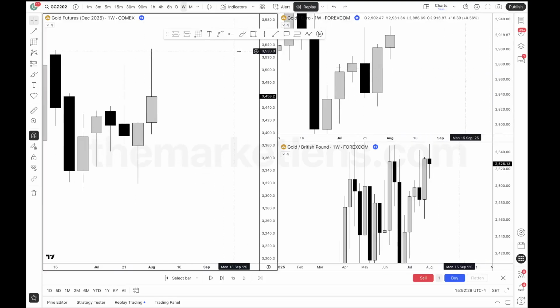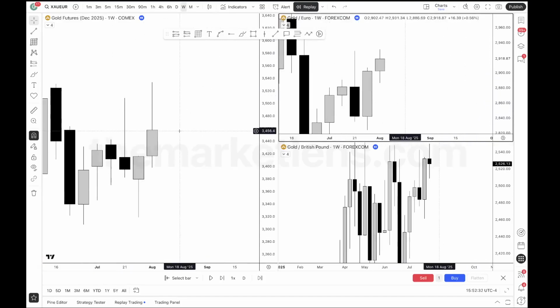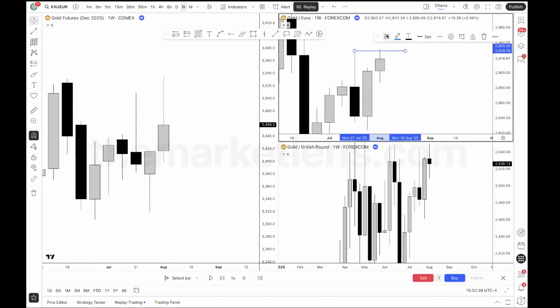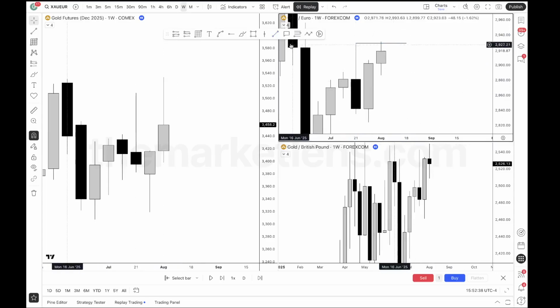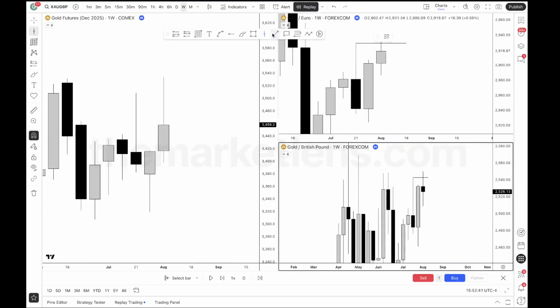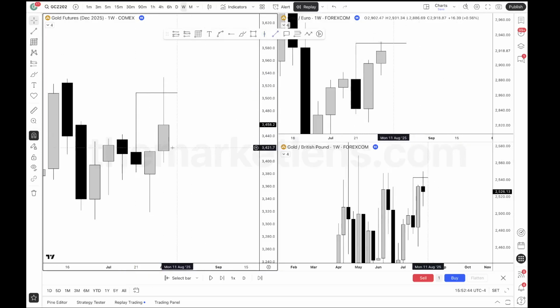I want you to look at the opening price of this weekly candle in relation to this high. Look how far gold is opening. Look how far away its opening price is from this high.